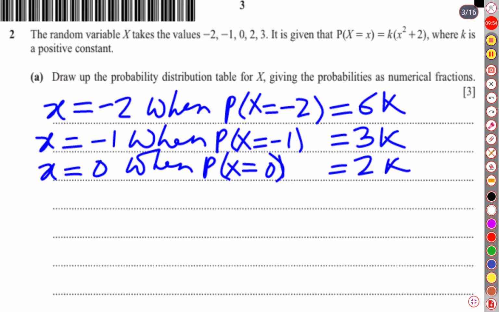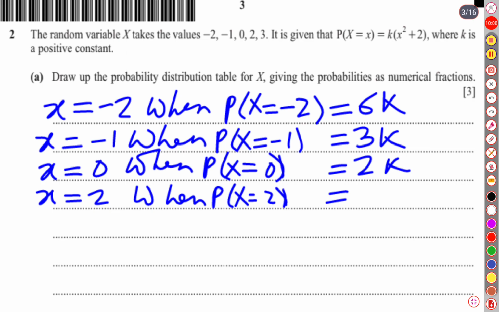Then the fourth value, X equal to 2: 2 squared is 4, so 6k. It's the same as the first probability.